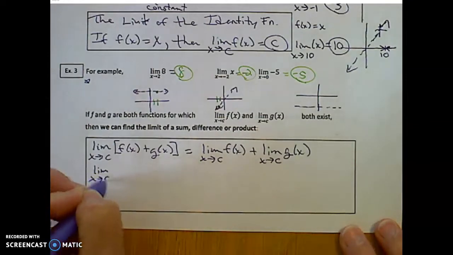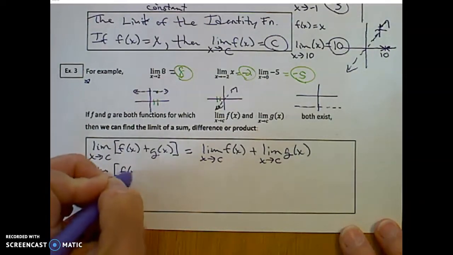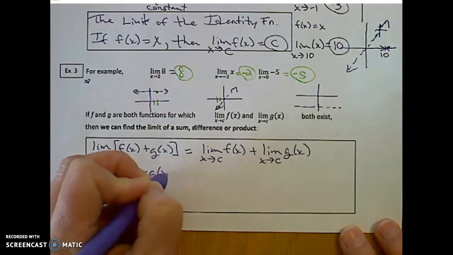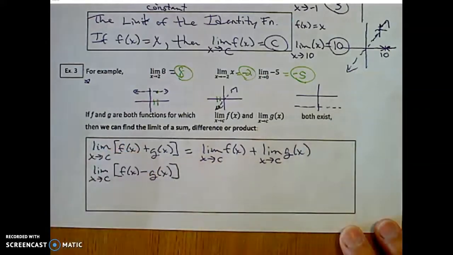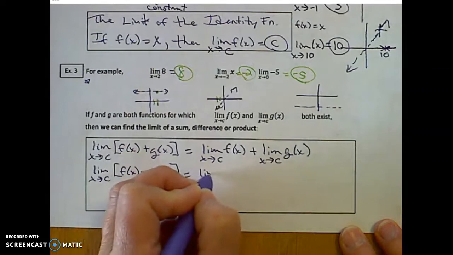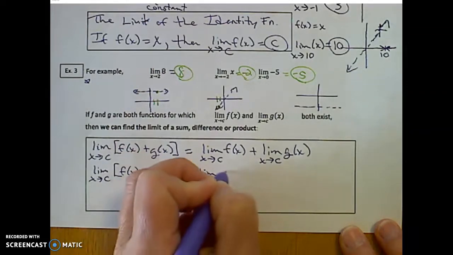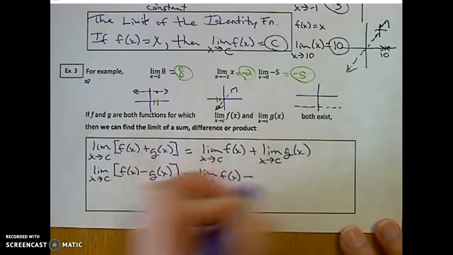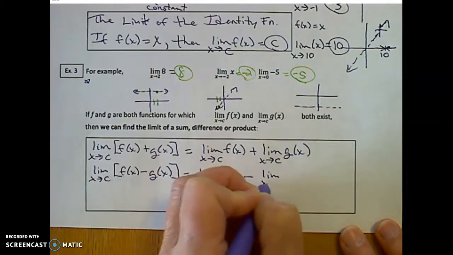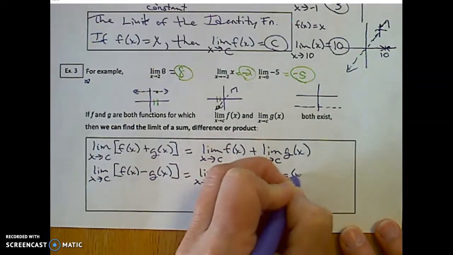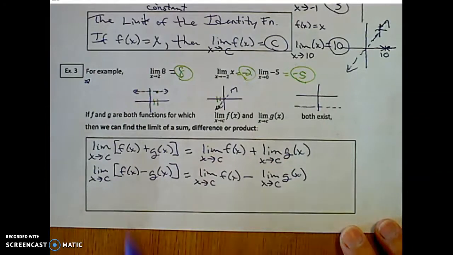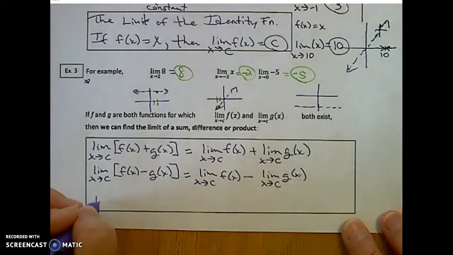Similarly for subtraction, if you ever have a difference of two functions inside a limit, that's the same as the limit as x approaches c of f of x minus the limit as x approaches c of g of x. I can separate across subtraction and evaluate both of those limits separately.